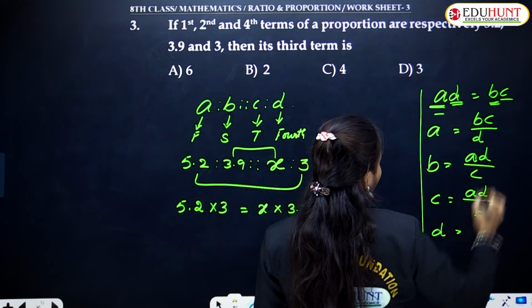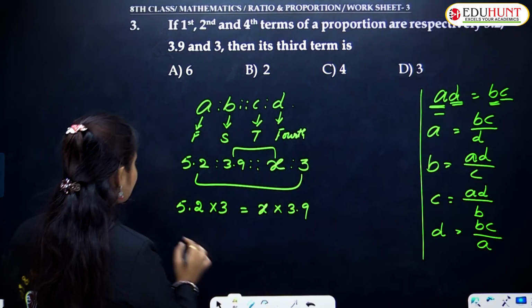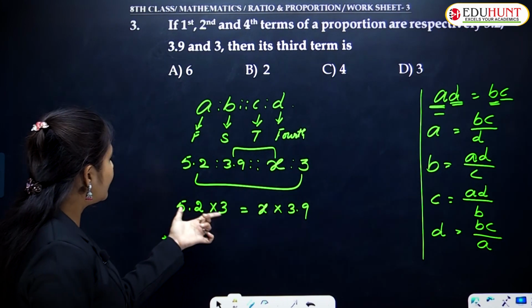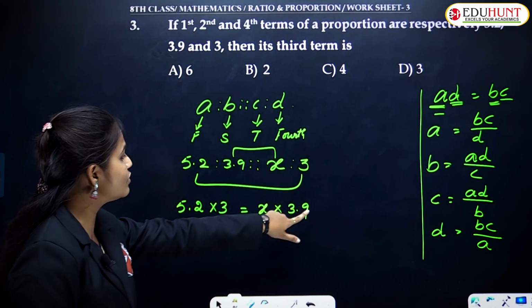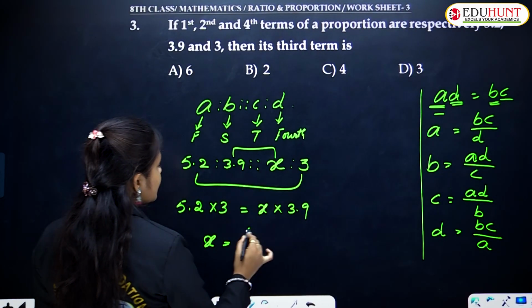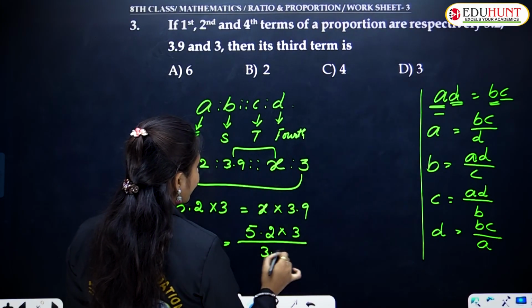So D is equal to BC by A. So that's what we are applying here. We need to find here C, right? So C is equal to A into D by B. Understand? So from this one, x is equal to 5.2 into 3 by 3.9.